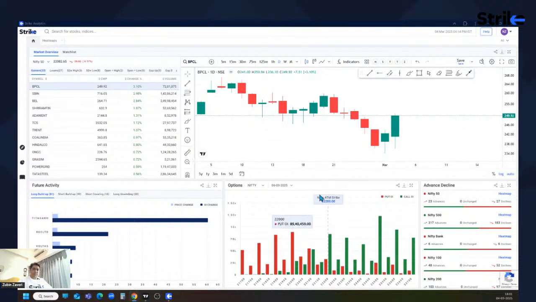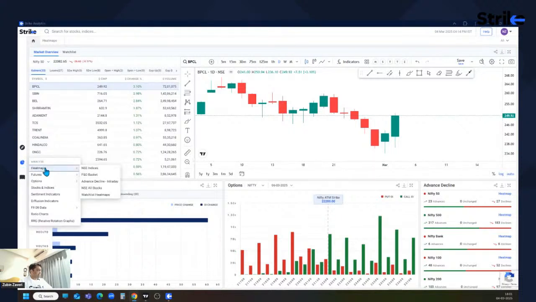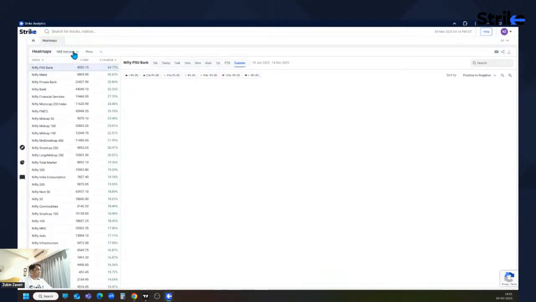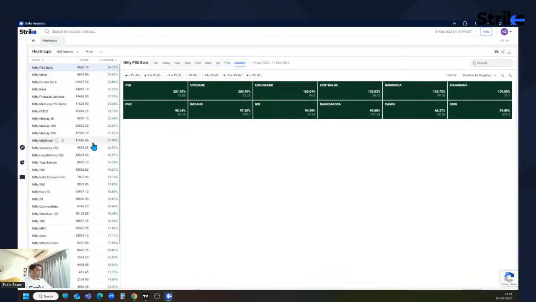Now, in this platform, there is something called heat maps over here. In the second section, in the analyze, there is a first option, heat maps. So when you click on heat maps, a new page will open up like this. And what are the various features over here?